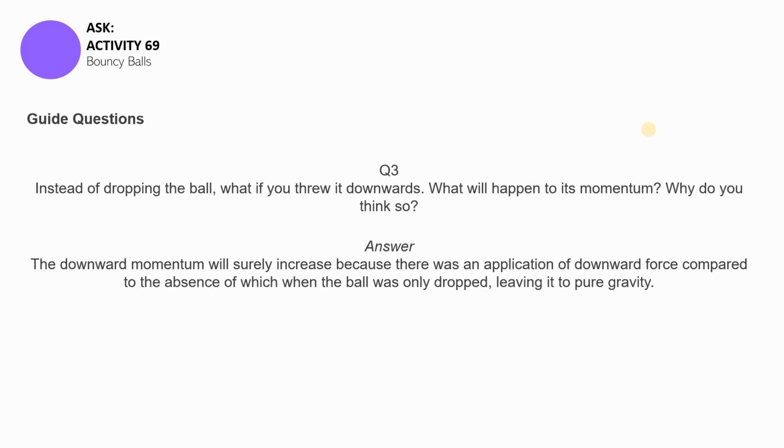Therefore, if you multiply a higher velocity to the same mass, it's going to result in higher values for momentum, right? But if you drop the ball, and just let it react with pure gravity, it's simply going to have its normal momentum reading.